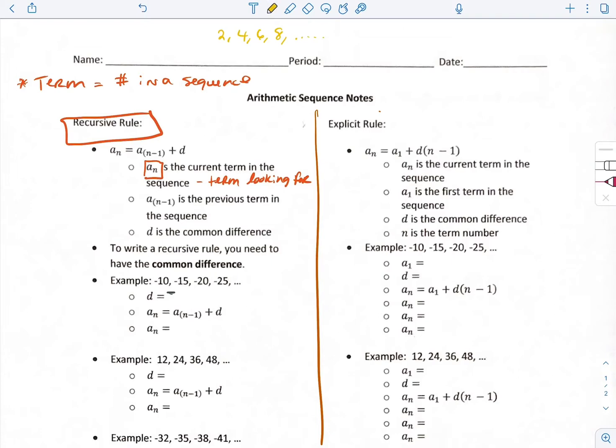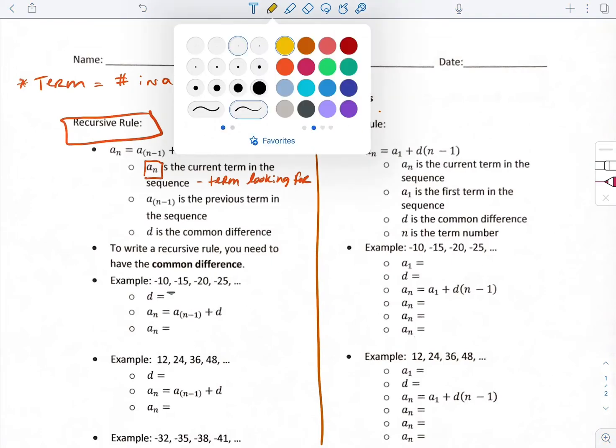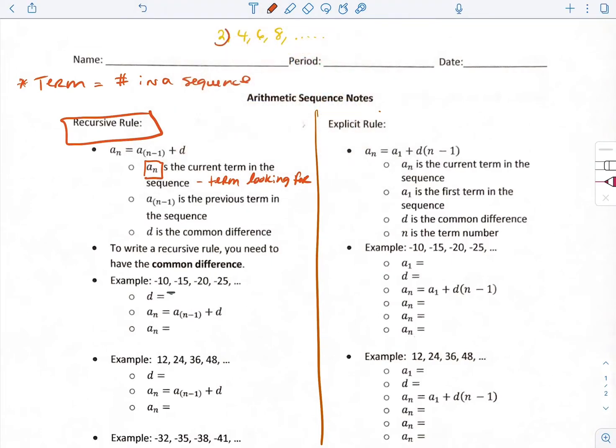The first number is called our first term in the sequence and is known as A sub 1. The second number, 4, is A sub 2, and so on and so forth. It's just a little background knowledge there.